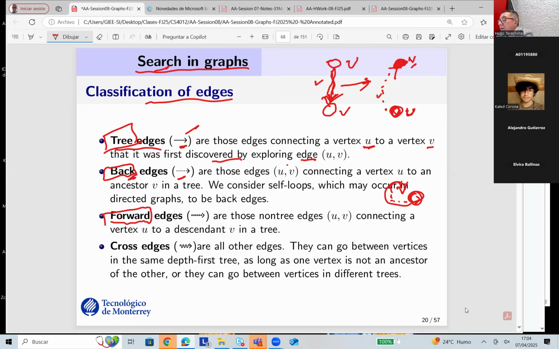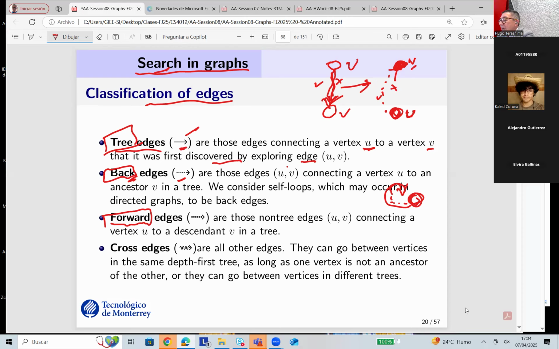Those are non-tree edges, not like this one, but they connect U and B, connecting a vertex U to a descendant of B. So you have this U, and you are going to connect somehow with a forward edge to this descendant of B that is already visited.